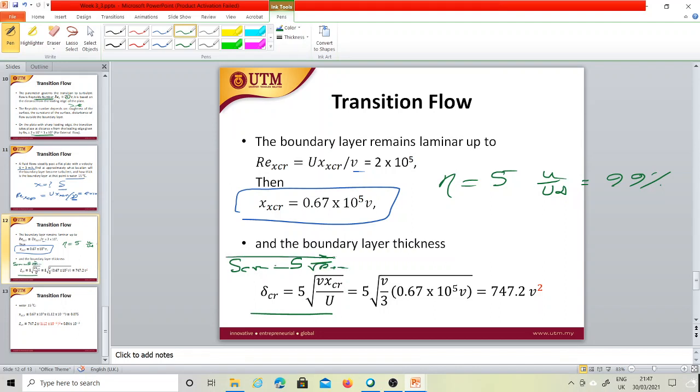Anyway, I'm not sure about this one, but the equation is like this. You can represent it in the Re x form if you want. Because you have x critical, we substitute the value of x. You put it here, simplify it, and then you will get this expression.